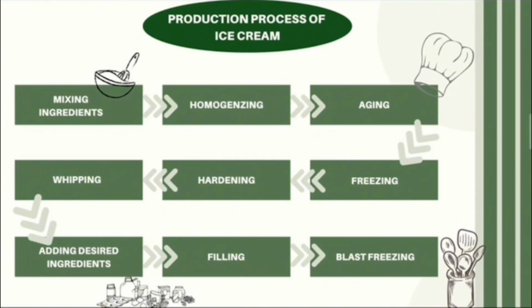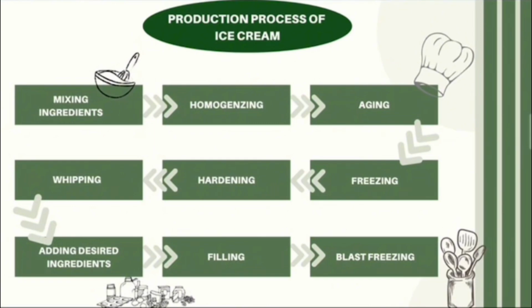First, mixing ingredients. The ingredients are blended together to ensure the liquid and dry ingredients are fully mixed. Next is homogenizing. Homogenizing is where the fat is distributed into small fat globules. And aging, the mixture is left to age for 4 to 24 hours so the dry ingredients can hydrate and the fat can crystallize.